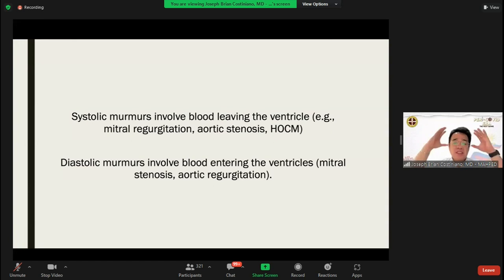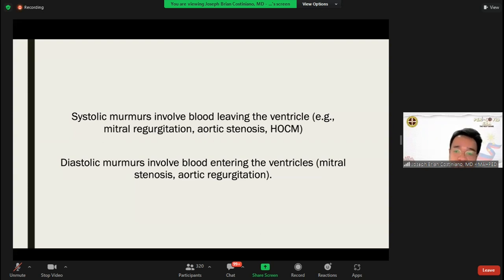So, just try to understand what happens in the generation of your systolic murmur, no? When you talk about systolic murmurs, these are murmurs that involve blood leaving the ventricles. Okay? Blood leaving the ventricles, meaning papunta sa aorta and papunta sa pulmonary.